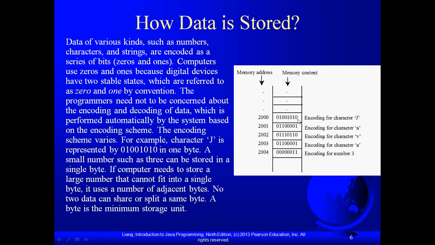So if we were to add this up, this would be 0. That would be 2. That would be 8. So 10. Let's see, 16, 32, that's 64. So that's 64 plus 8 is 72, plus another 2 is 74. So it's saying the uppercase letter J is 74.